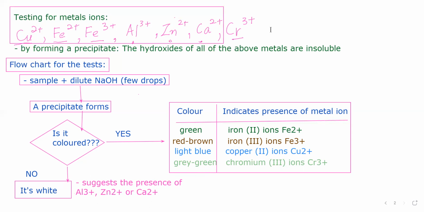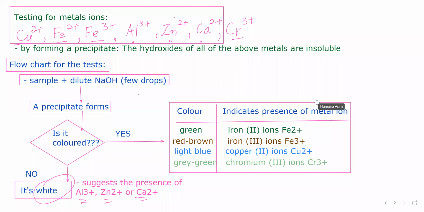So when it is white, it indicates the presence of one of these three. In the next step, we are going to study which tests we are going to do further to differentiate between these three, which one is present.